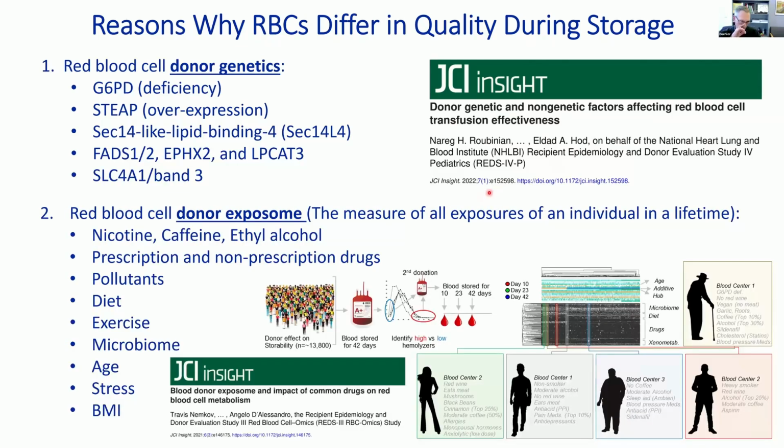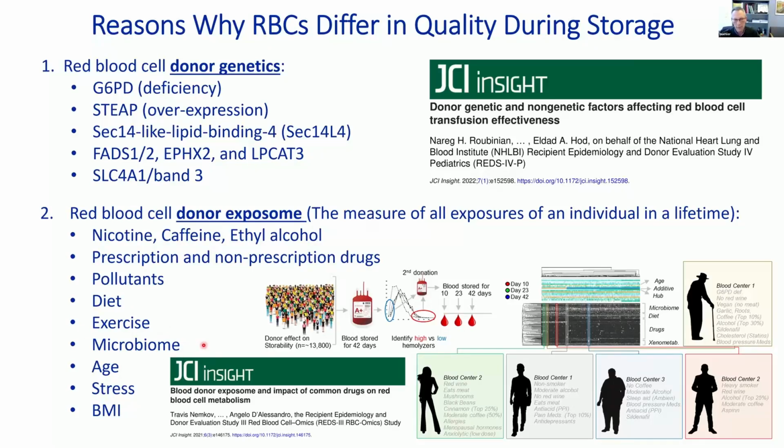What else is incredibly interesting, I think, is that not only are red cells affected by the genetics of the donor, they can also be affected by what the donor is exposed to. For example, things like diet, intake of nicotine, caffeine, ethyl alcohol, prescription drugs, exposure to pollutants, if the person exercises, and what their microbiome is.